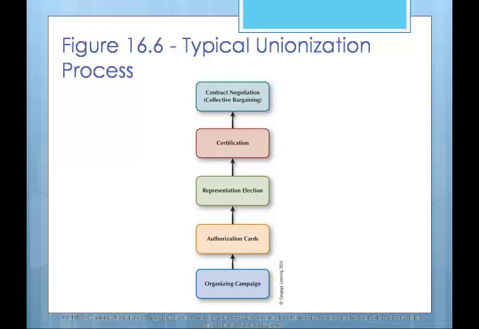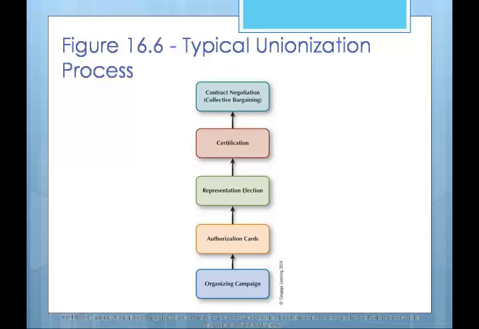It is card signing by the employees to designate a union as their collective bargaining agent. Then there is an election, and the bargaining unit can be a single group of employees eligible to select a single union to represent and bargain for them.